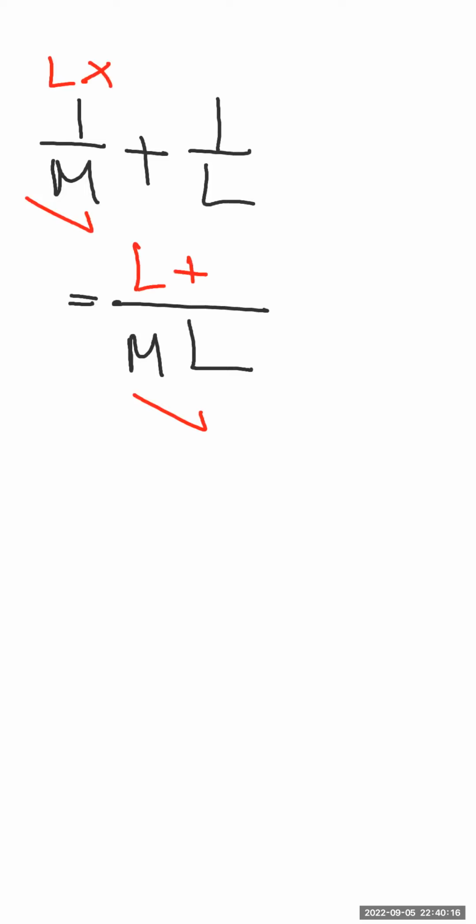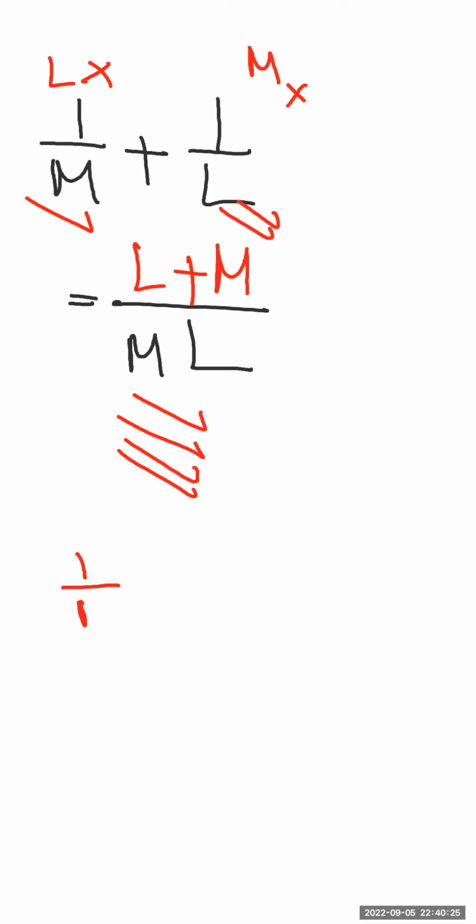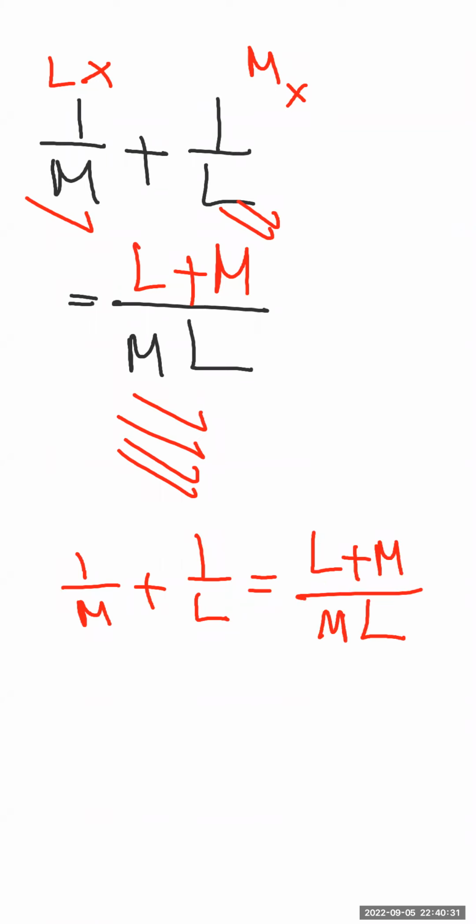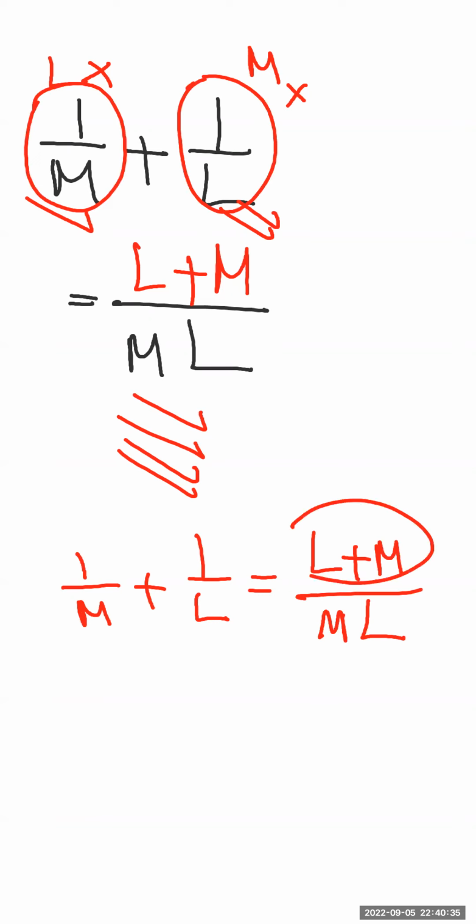So L plus, divide this denominator by L, so it will equal m times 1. So 1 over m plus 1 over L equals L plus m over mL. So now 1 over m plus 1 over L means the sum over the product, correct?